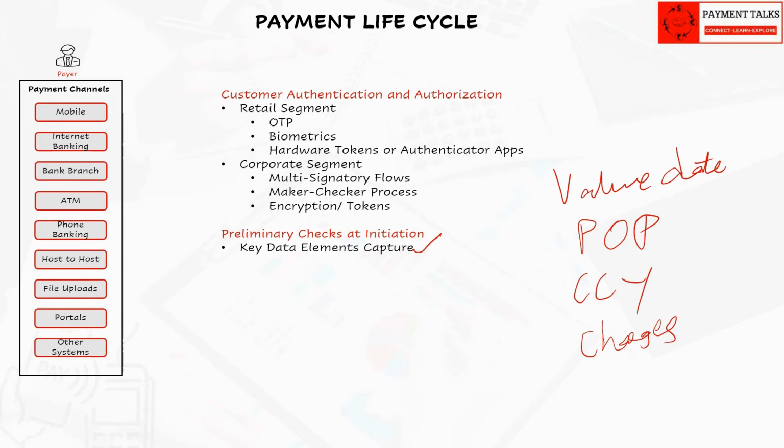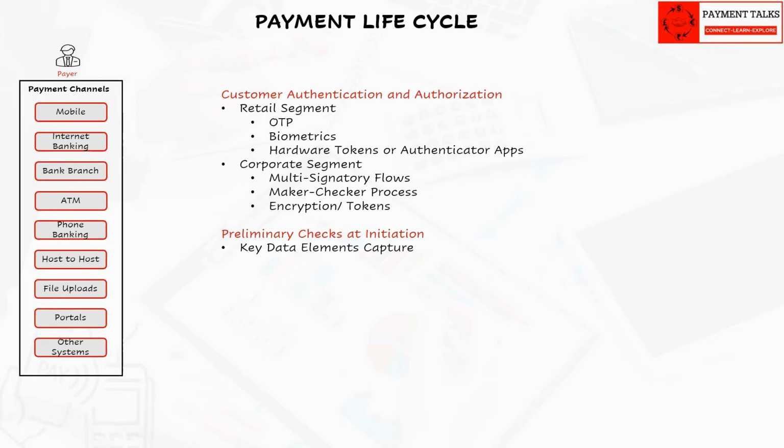The point we need to understand is that the additional information required depends on the payment scenario and the regulations of the bank. They differ from bank to bank and scenario to scenario.